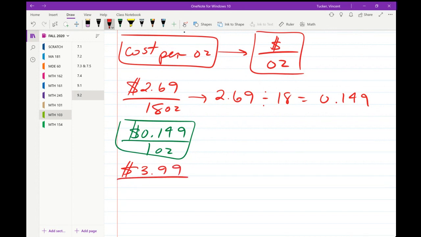The next one was 3.99 divided by 28 ounces. So 3.99 divided by 28.